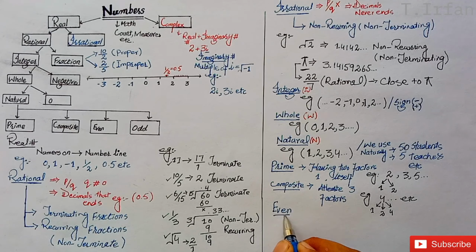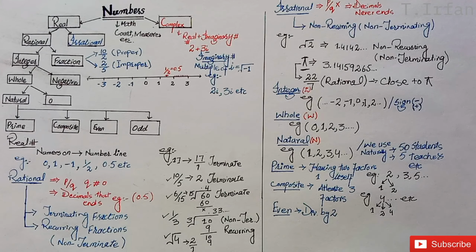Even numbers, these are those natural numbers which are divisible by 2. For example, 2, 4, 6, 8, 10, etc. These are even numbers, as 10 is divisible by 2.